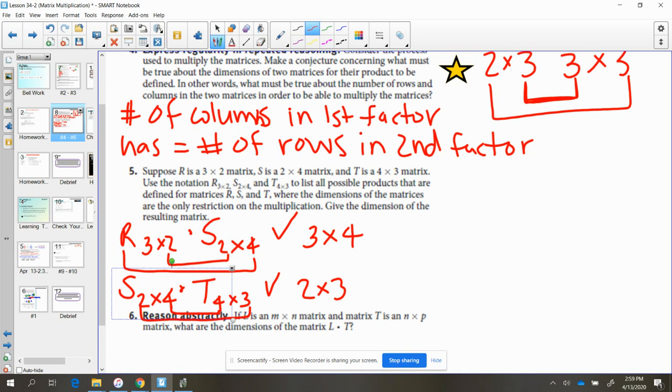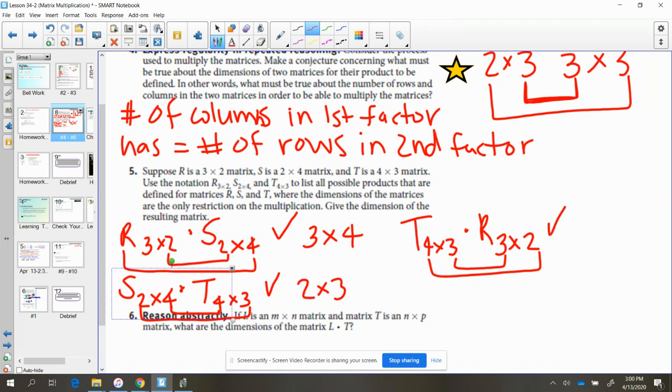The last possibility that is going to work is T times R, because if we have it in this particular order, these inner pieces match and then these outer pieces give the size. The number of columns in the first factor matches the number of rows in the second.